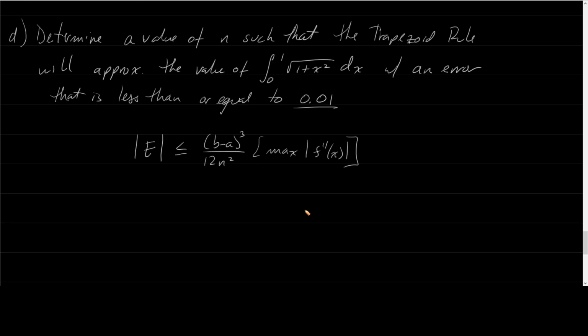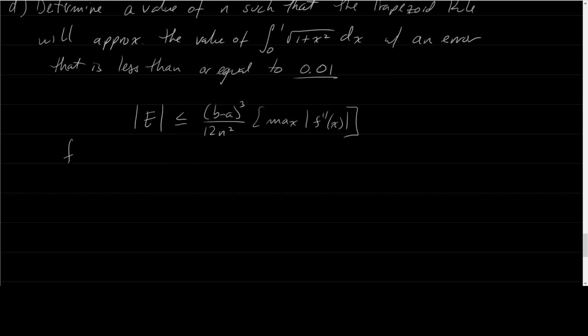So let's look at this. We're given the function, right? We're given that f of x is equal to (1 plus x squared) to the 1/2. Then f prime of x would be 1/2 times (1 plus x squared) to the negative 1/2 times 2x, by the chain rule.